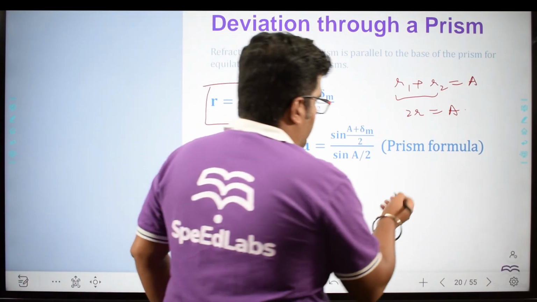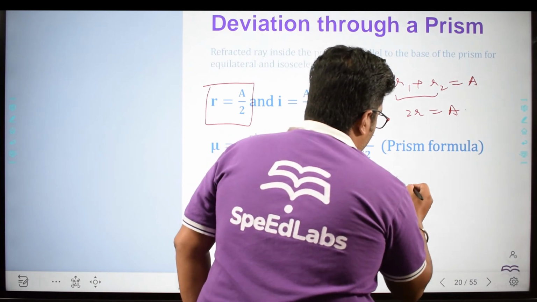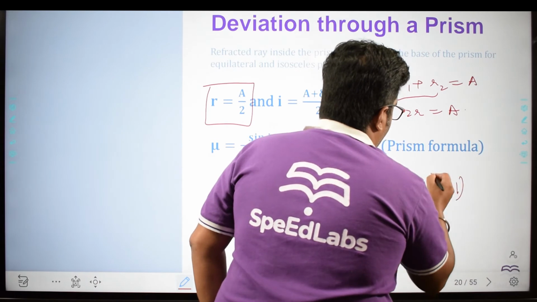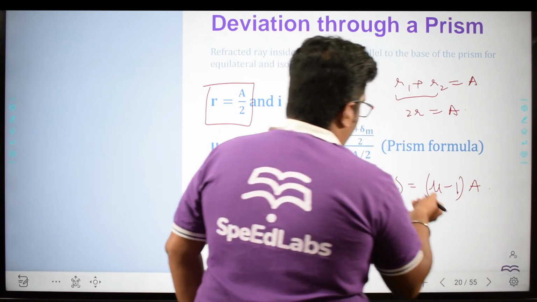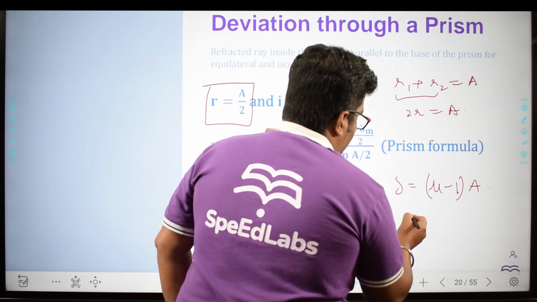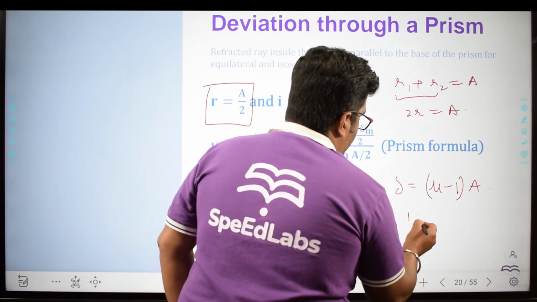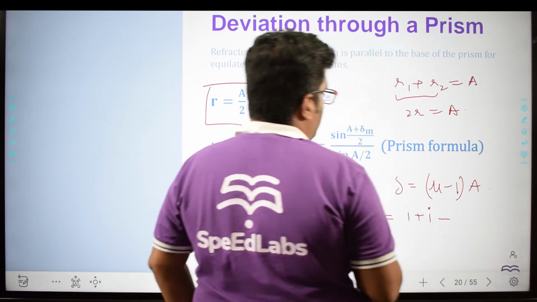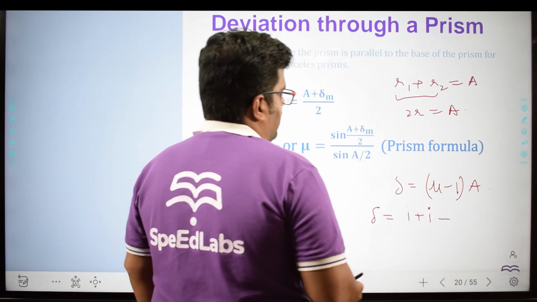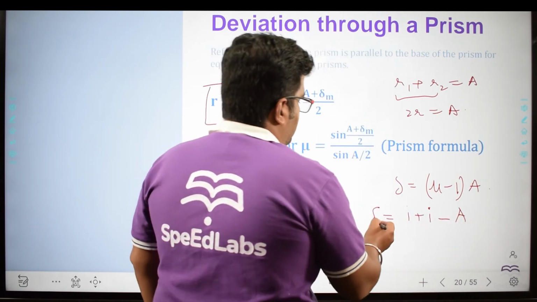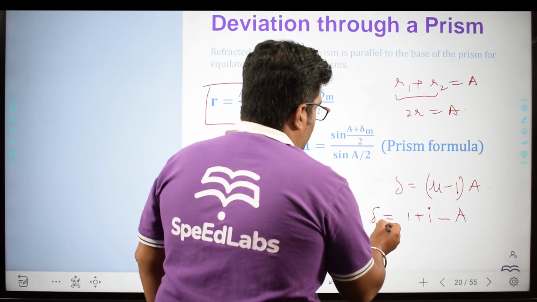And now for another condition, we know the formula for delta, that is (mu minus 1) into A. But how did we get this formula? Earlier we have seen delta equals I1 plus I2 minus (R1 plus R2), which is equivalent to A. I1 and I2 are equal, so I1 is I, I2 is I, and minus of it was R1 plus R2, which is in fact equivalent to A. Now that's the condition for minimum deviation.